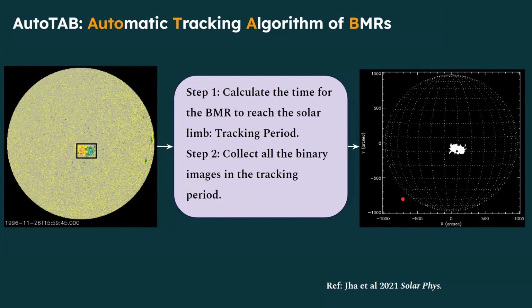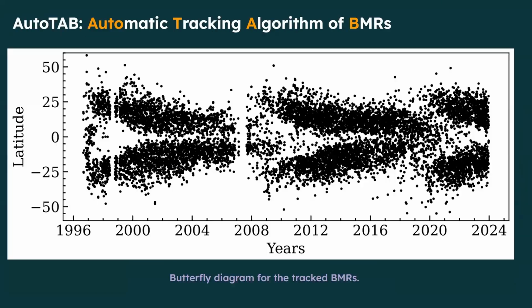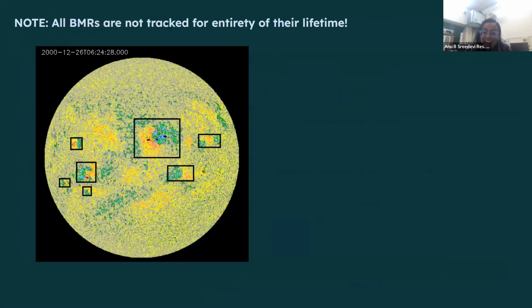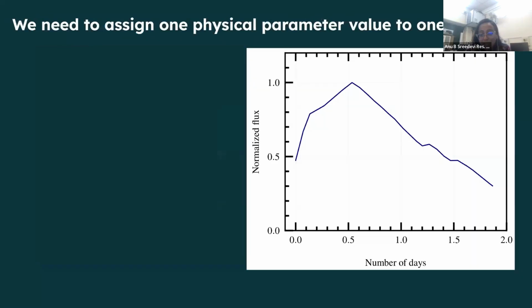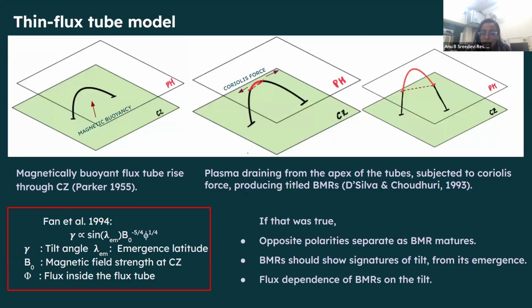Anu, I have a small final question. We are speaking about the effect of drag on gamma when the BMRs are emerging. How do you quantify the drag? For the drag, you need the drag coefficient and the velocity. Yes, but we don't have any observations. I cannot do it, so that's why I said it's a hypothesis.